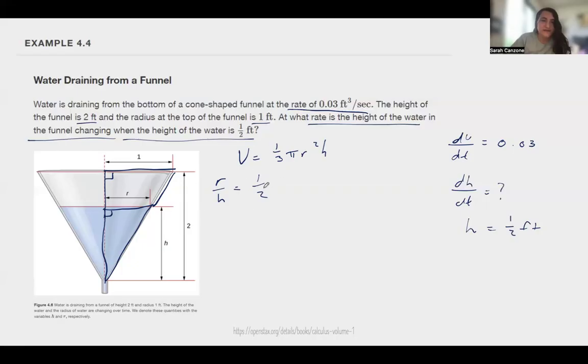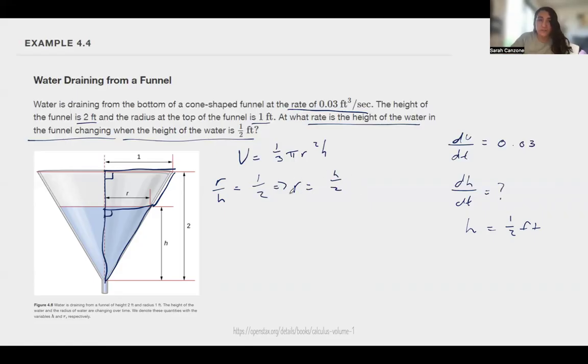Well, what does that tell us about the height? Because we know we need everything just in terms of h because we need dh/dt. We have no information about r. Well, that tells us that we can solve r for h. If we multiply both sides by h, that r is h over 2.